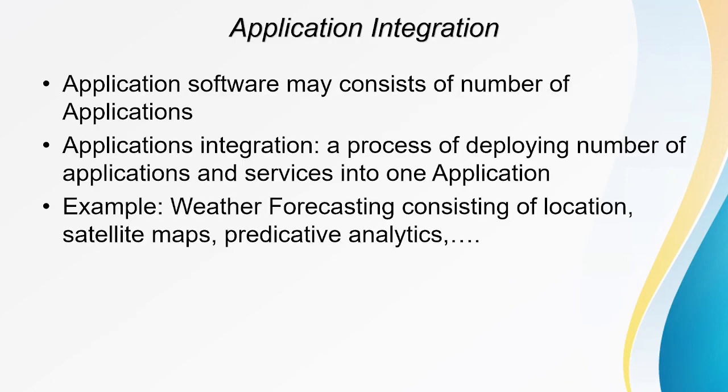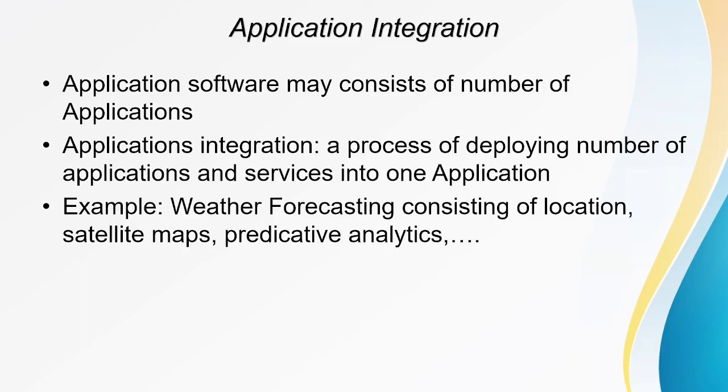Here we have application integration. What do you mean by application integration? Application software may consist of a number of applications. Application integration is a process of combining a number of applications and services into one application.